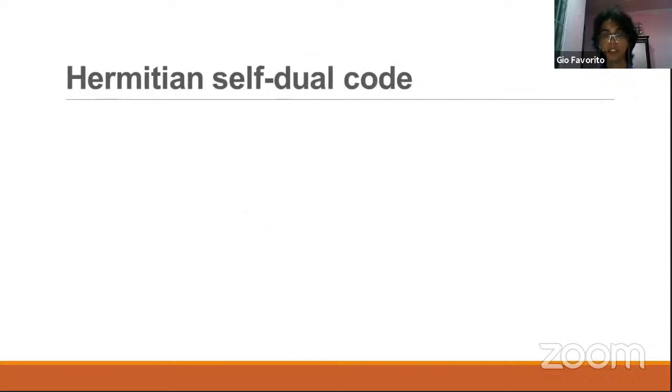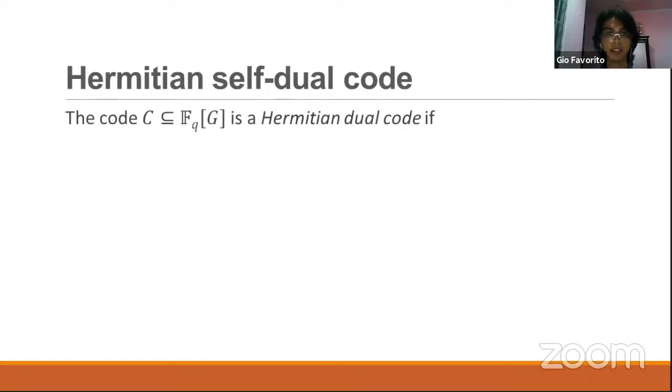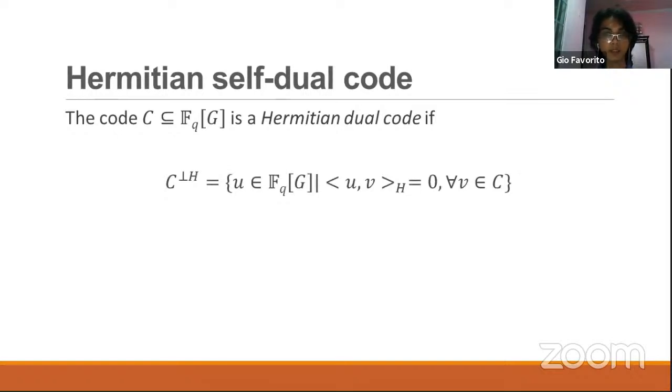Then, yung Hermitian self-dual code, so, the code C, subset siya ng Galois field, is a Hermitian dual code if nagsasatisfy niya itong equation.